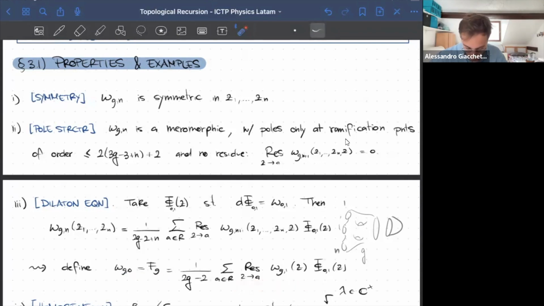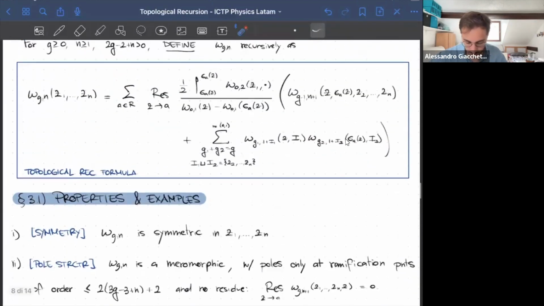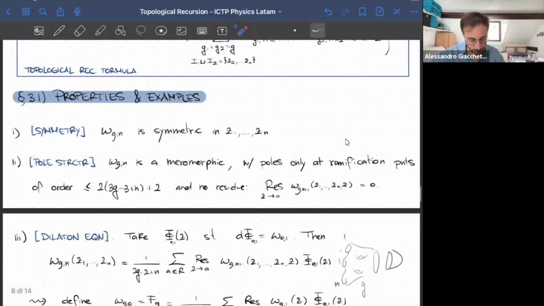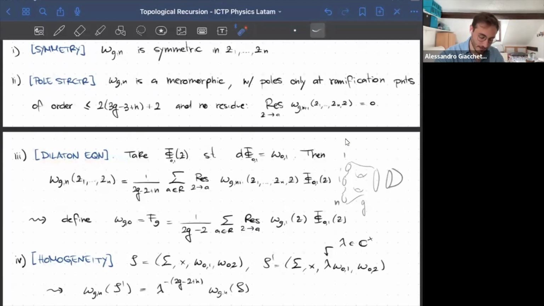And here I should say something, because in this topological recursion formula, we need n to be greater or equal to 1, because we need at least one variable to start the recursion. But then because of this property here, it makes sense to define omega g,0 or F_g through the dilaton equation.